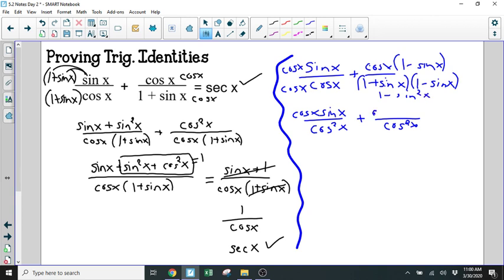And in the top, I would distribute through cosine x minus cosine x sine x. So now we've got that cosine squared in our denominator. And then looking across our numerator, cosine x, sine x, I'll write all that out.